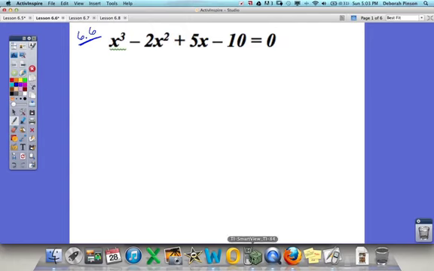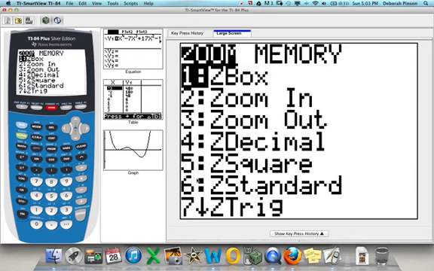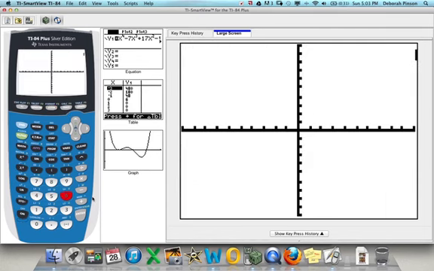Since we're going to use our calculator, I'm going to pull that up and I'm going to graph this in my calculator. Okay, so looking at mine right now, I had zoomed in the last time I used this calculator, so I'm going to go to Zoom Standard number 6, and then it'll just set it back on a 10 by 10, which I think is probably better for me, because I don't really know what mine's going to look like.